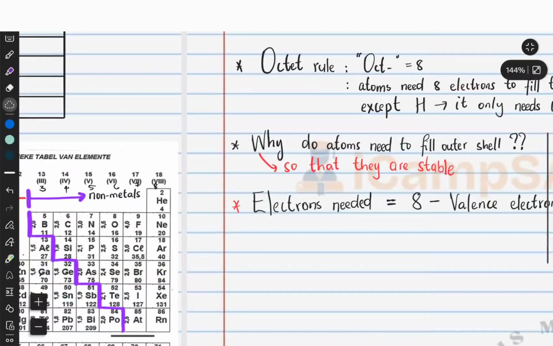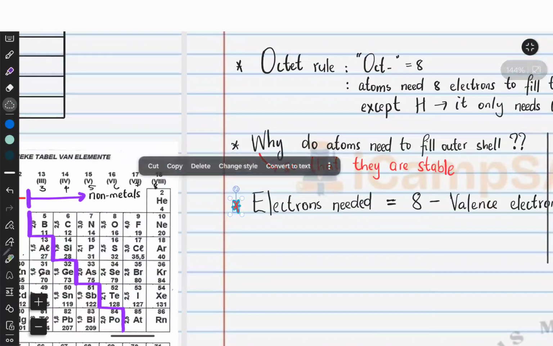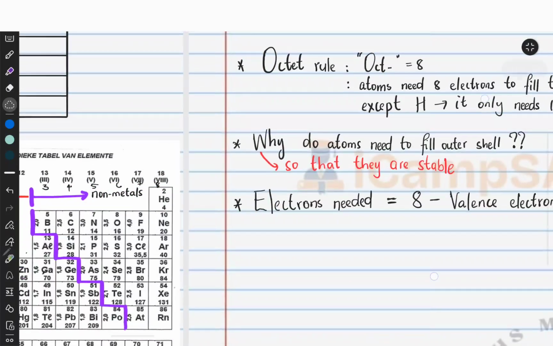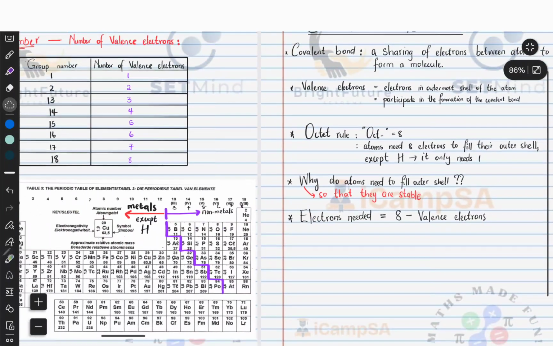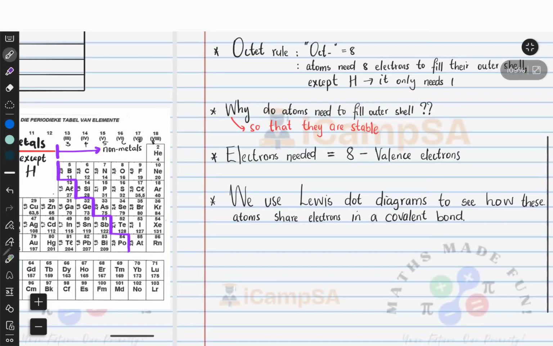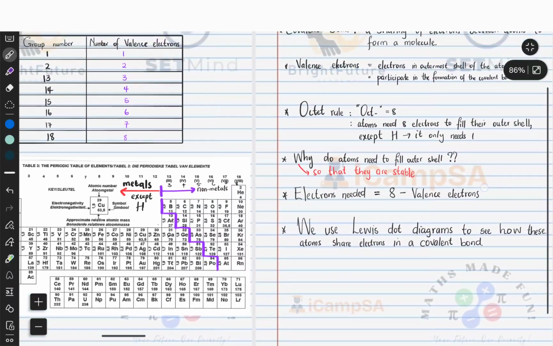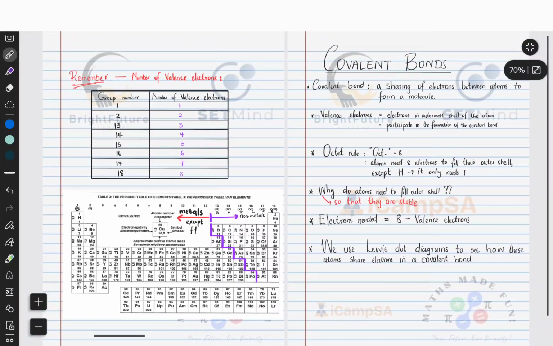So what we normally do is we use Lewis dot diagrams to visualize how they share these electrons. That's what we pretty much are talking about when we're talking about covalent bonds.